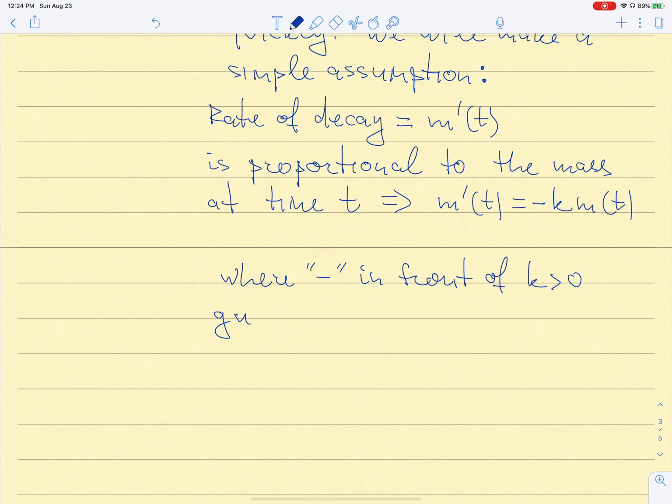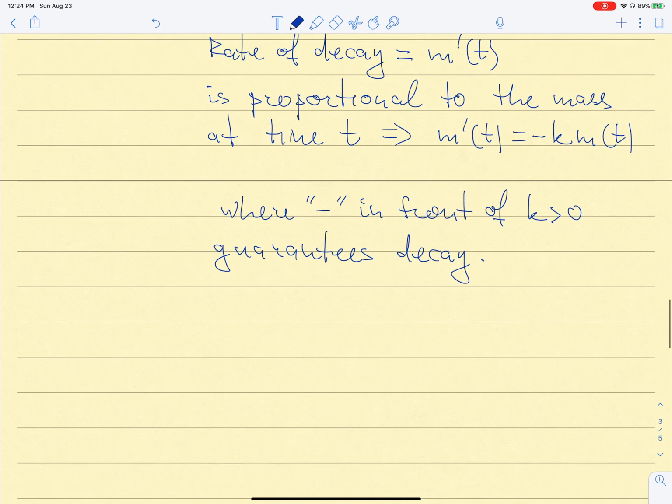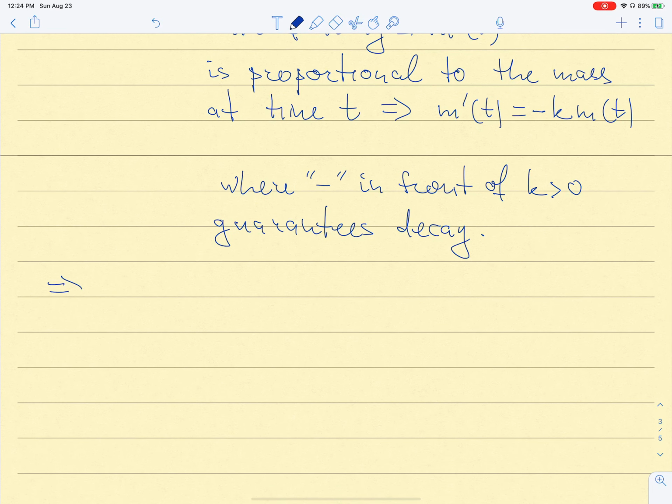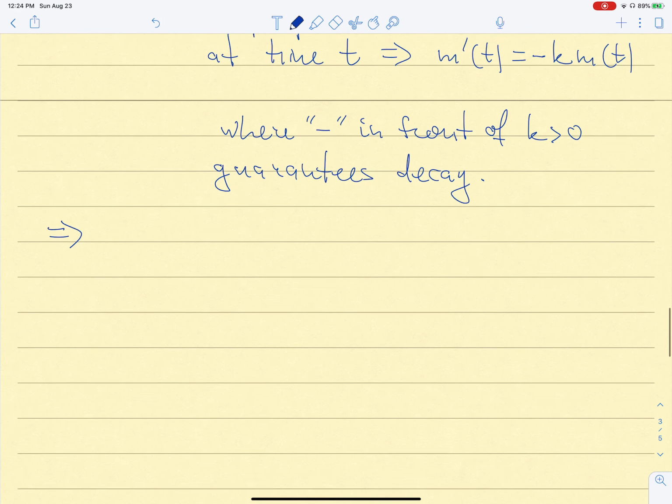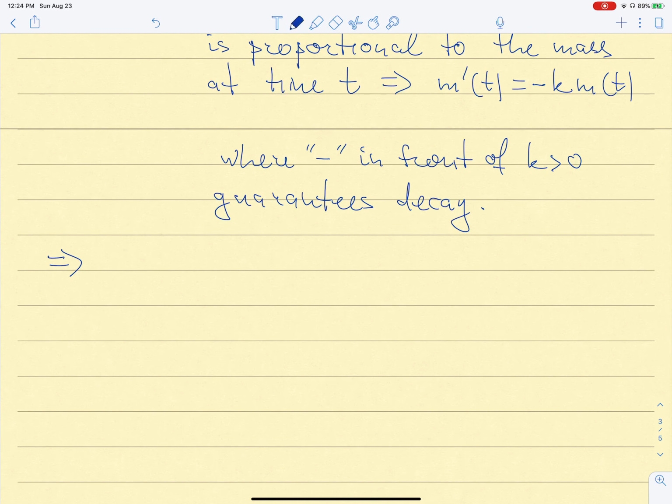So this thing guarantees decay. Okay, so what have we got then? So then we got that m prime of t must be equal to minus k m of t.